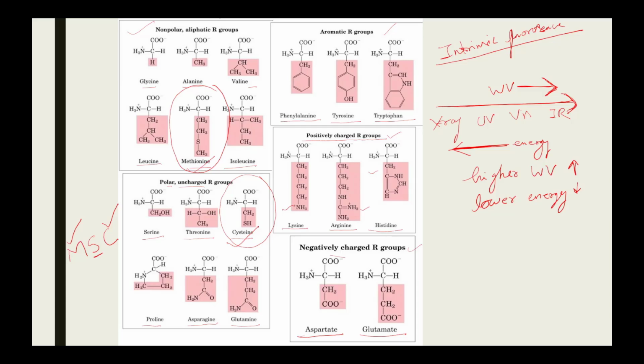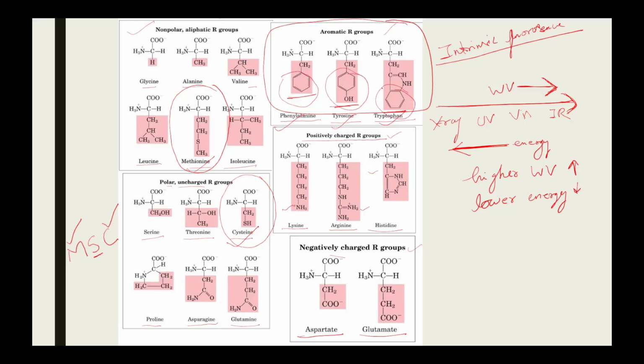In the structure, all amino acids have a kind of localized electron composition in their side chain, except the aromatic R group containing amino acids, which include phenylalanine, tyrosine and tryptophan. They all contain a benzene ring in their structure. This benzene ring is a conjugated electron system.